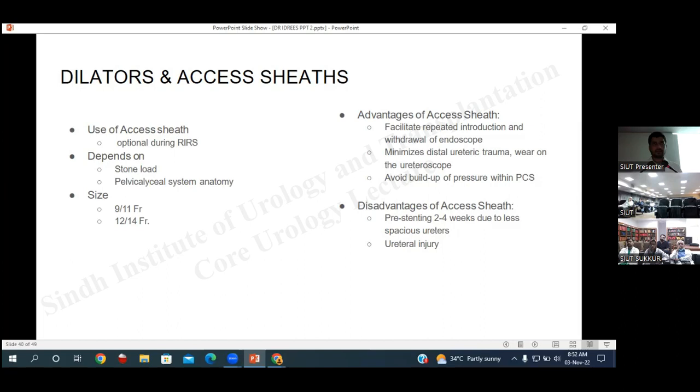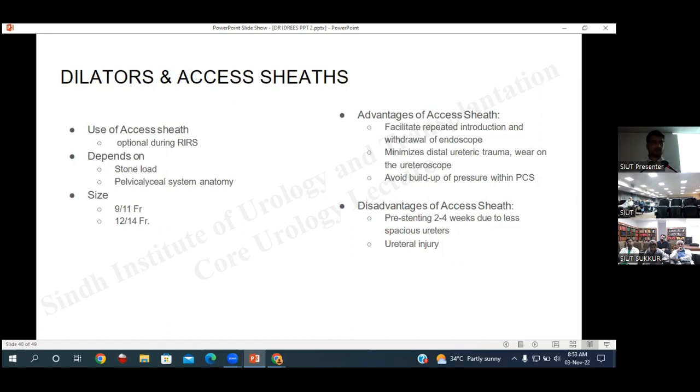A lot of people around the world, for pelvic stones, use a semi-rigid scope to fragment the stone, and then for calyceal stones or large fragments, when they have to remove them with a basket or anything, they place the sheath and it becomes easy to go in and out with the forceps to remove those large fragments as well. Because their objective is to make the patient stone free in an RIRS.